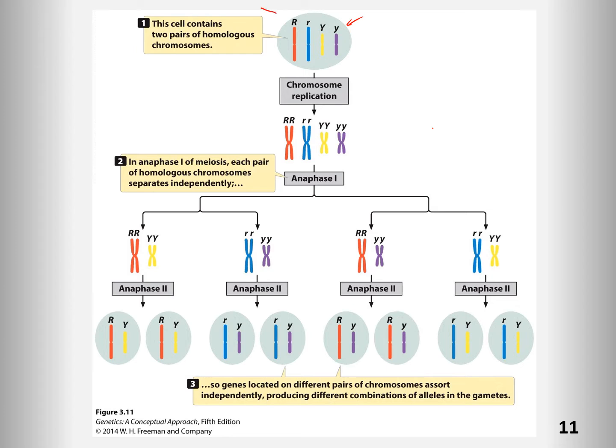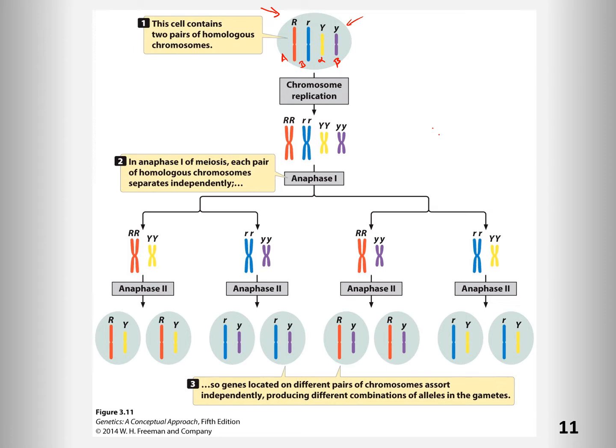The gene for shape is found on a separate chromosome. And the reason that they independently assort is that in meiosis 1, whether or not you give chromosome A or chromosome B, chromosome alpha, chromosome beta, is random because of the way that they behave in meiosis 1 and meiosis 2. So there is no connection.